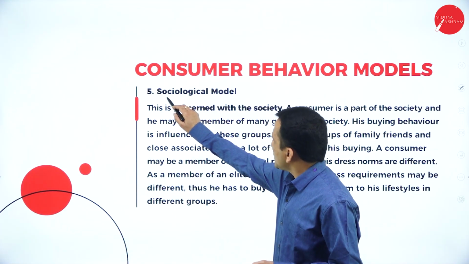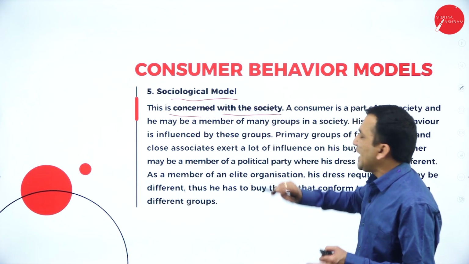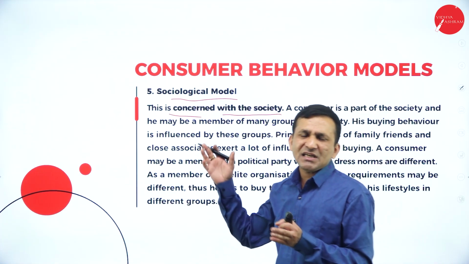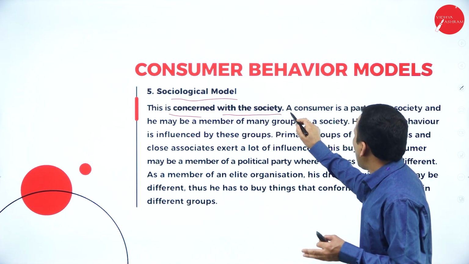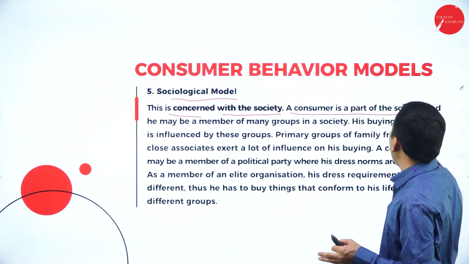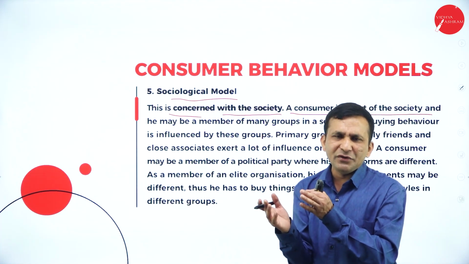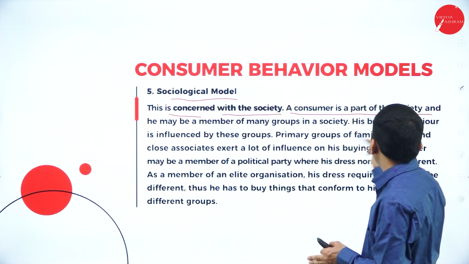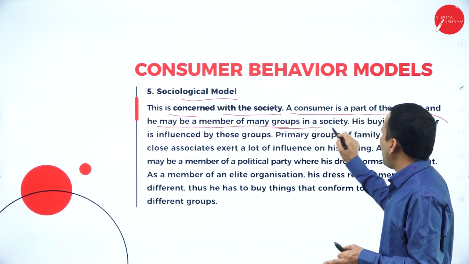And next, under sociological models, this is concerned with society. I clearly told you, this is concerned with society. If marketers have not studied society completely, remember that a consumer is a part of society. A consumer can be either an industrial consumer or an individual domestic consumer, located in society, and he may be a member of many groups in society.